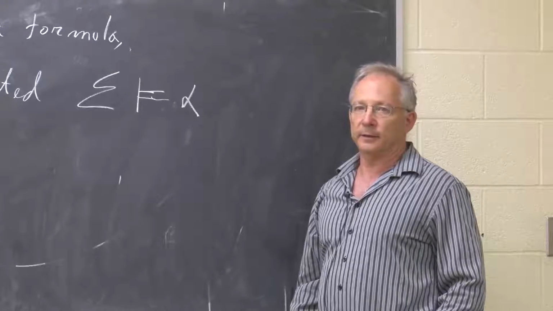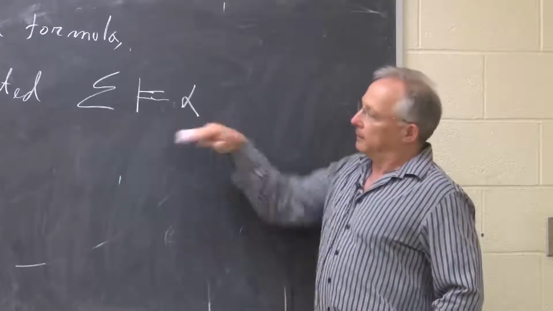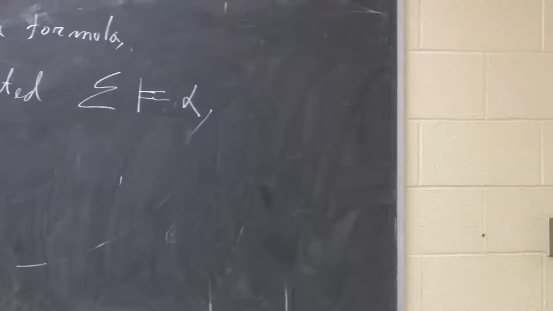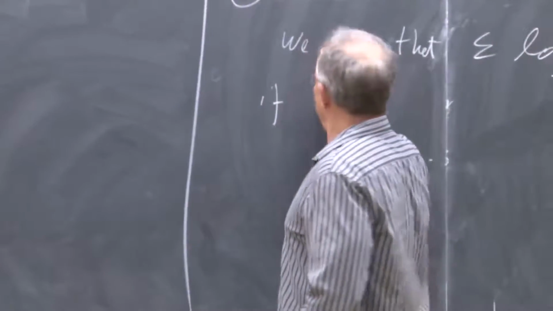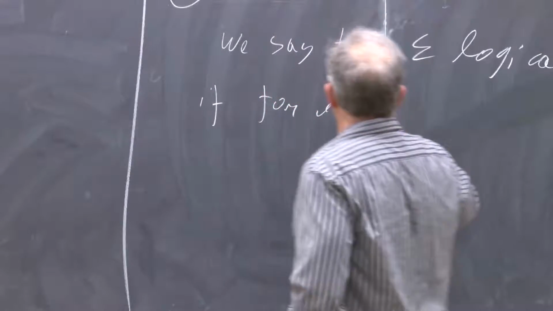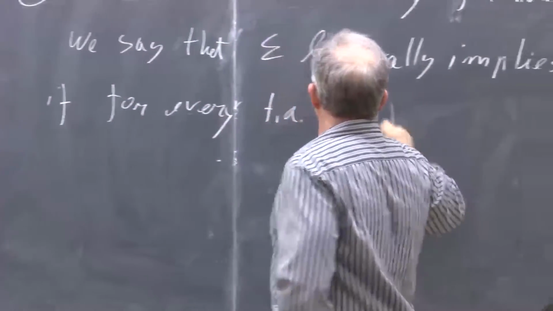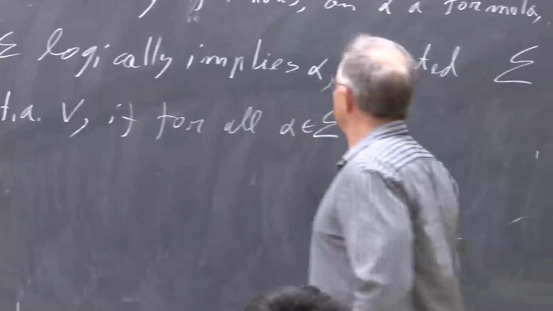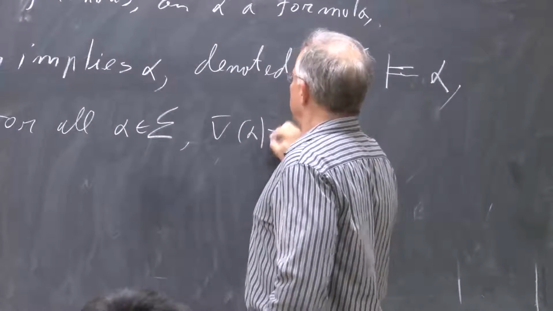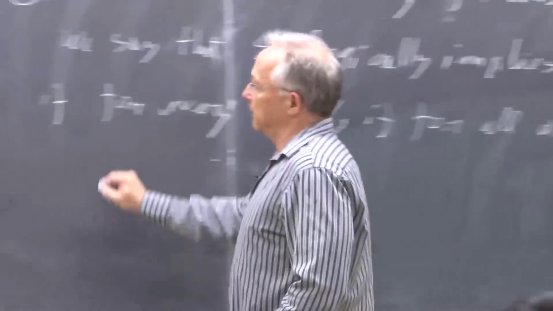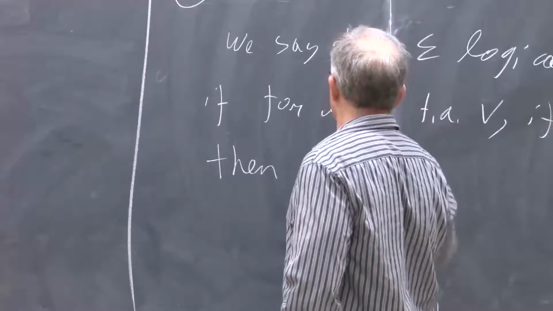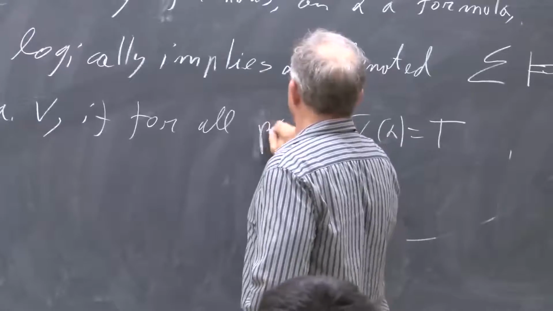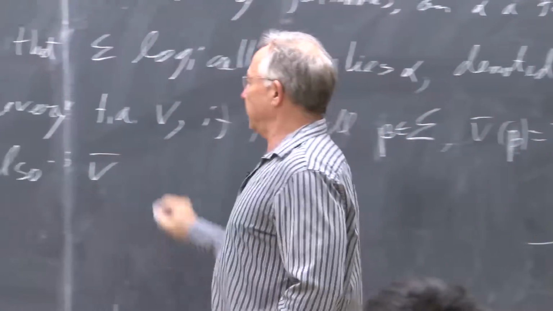Sigma logically implies alpha, denoted by this, if for every truth assignment V, if for all beta in sigma V hat of beta is true, then also V hat of alpha is true.